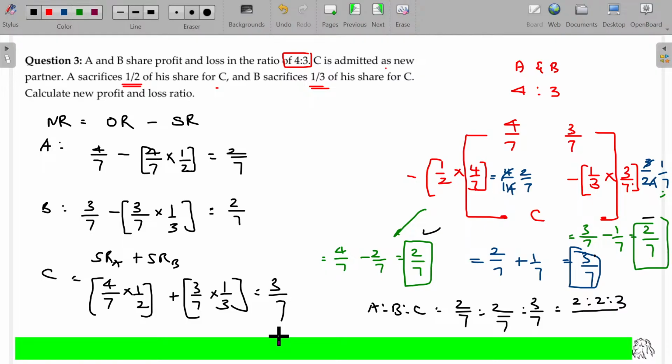Hope you will be now able to understand. Here, new partner's ratio is not given, but how old partners are offering is given. What A offers, what B offers, you add up, that will be the new partner's value. Clear?